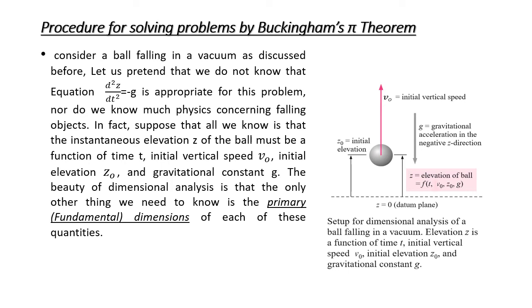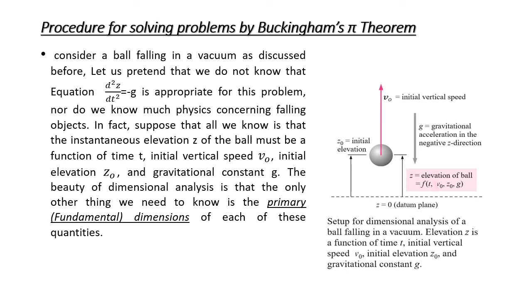In fact, suppose that all we know is that the instantaneous elevation z of the ball must be a function of time t, initial vertical speed v0, initial elevation z0, and gravitational constant g.